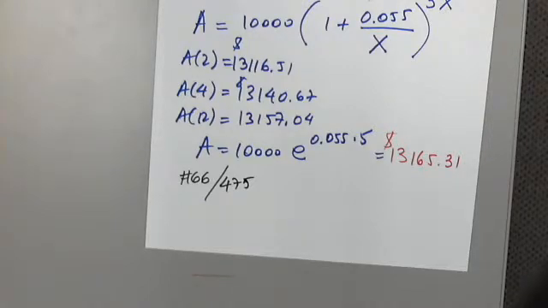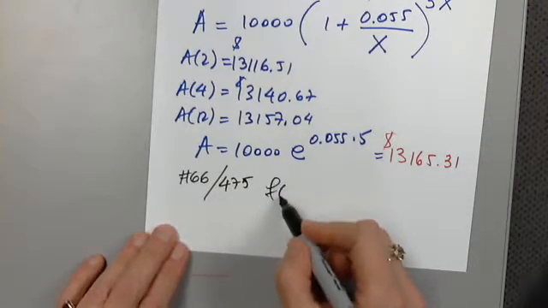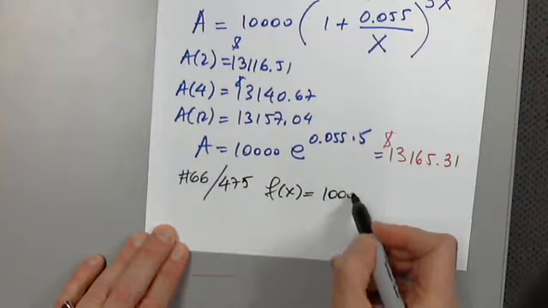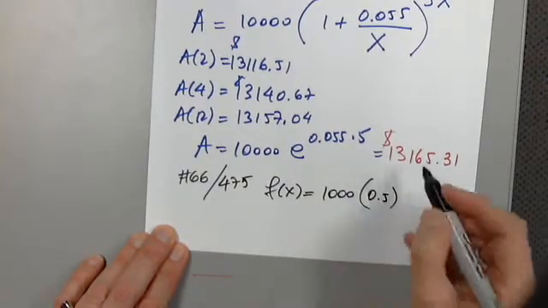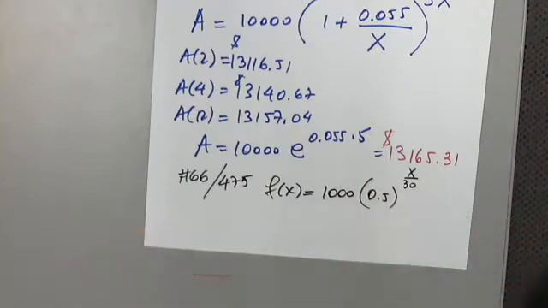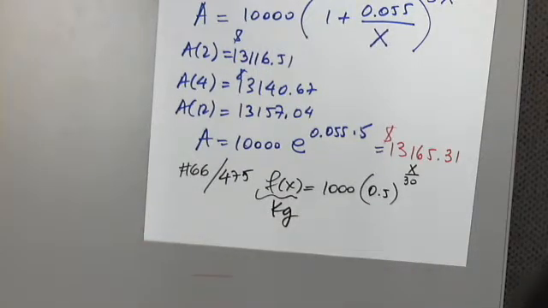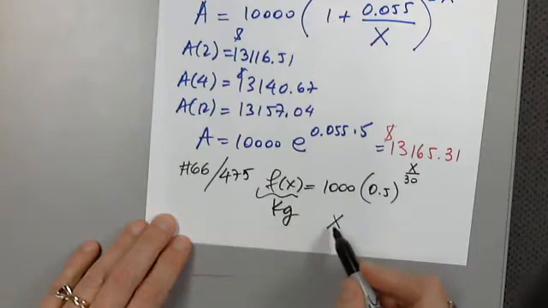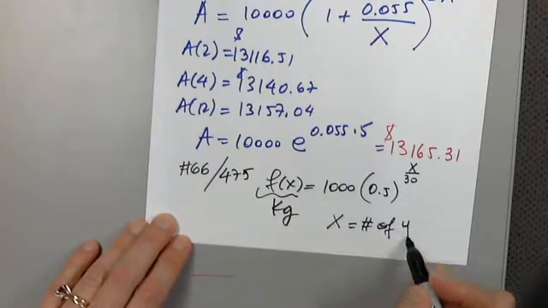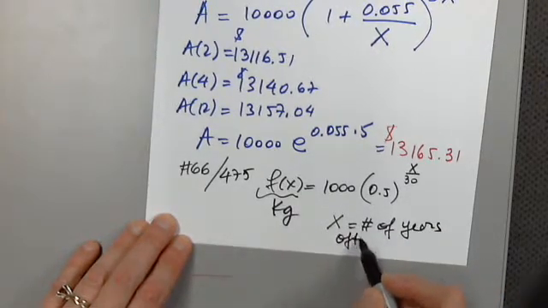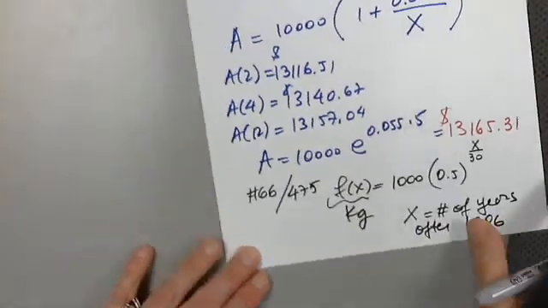This is the background. The function f of x equals 1,000 times 0.5 raised to x over 30 describes the amount f of x in kilograms of cesium-137, which is the radioactive substance, remaining in Chernobyl x years after 1986. x is the number of years after 1986.